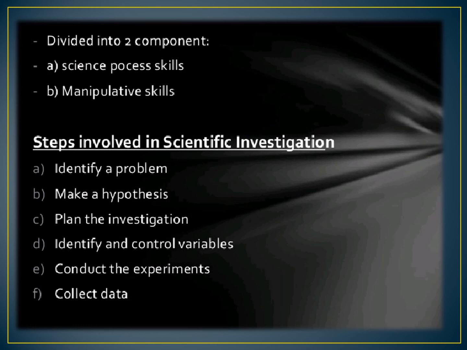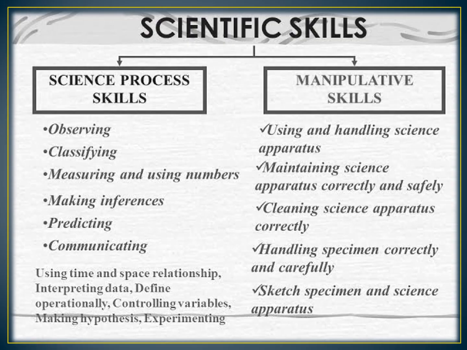The following are the steps involved in scientific investigation, which is just the same as the scientific method. Let's proceed. We are almost at the end of our discussion. Now we are going to discuss the scientific skills. This is the last part of our discussion. We are going to talk about the two components of scientific investigation.